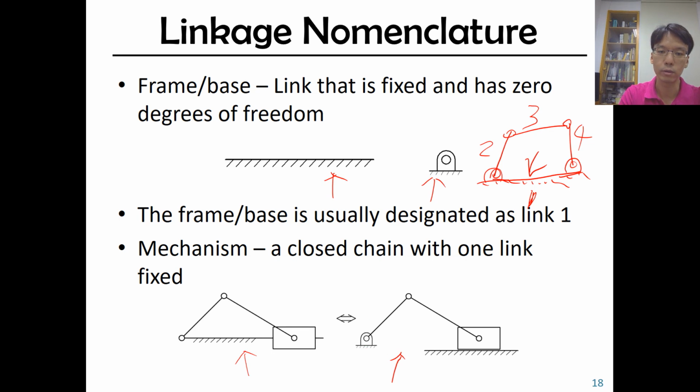For example, here we have a fixed base, and another fixed base here. They all belong to link 1. They are the same one. We consider them as a single link.